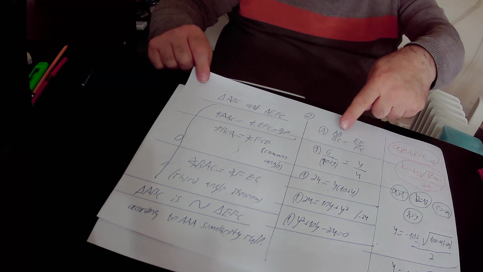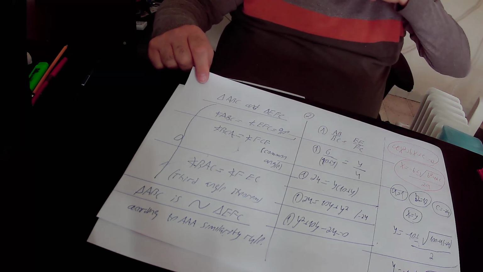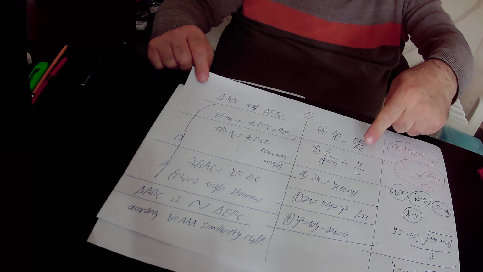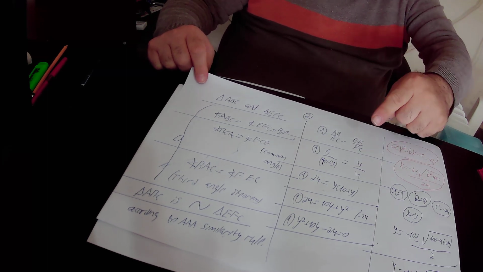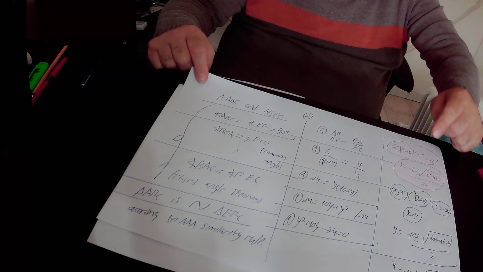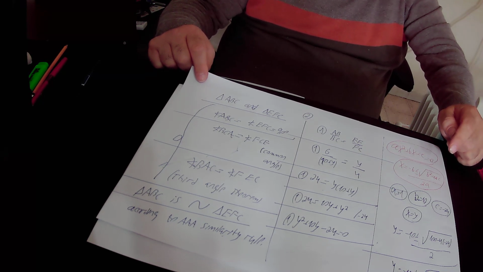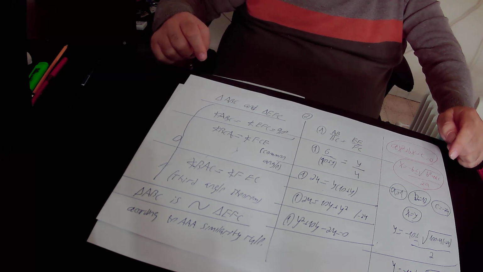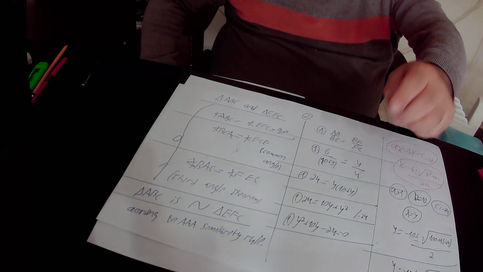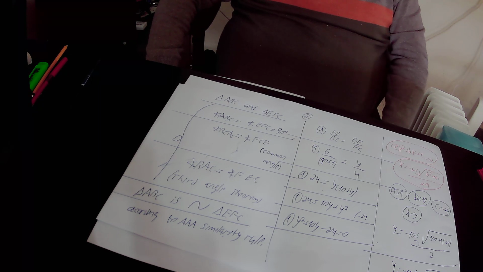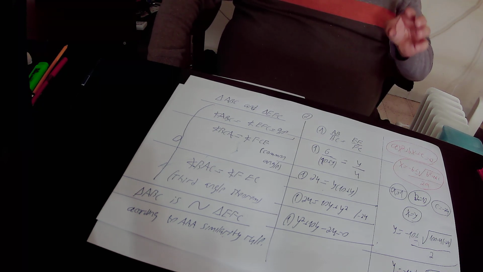AB is 6, BC is 10 plus y, EF is y, and FC is 4. So we solved this equation and we got the quadratic equation y squared plus 10y minus 24 equals 0. This is exactly the same quadratic equation that we got.